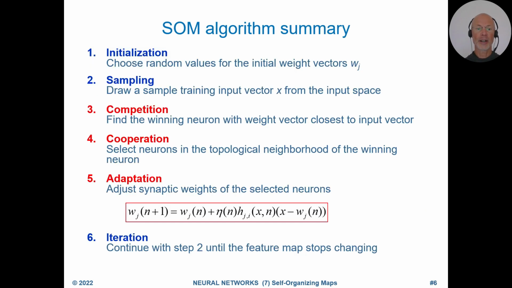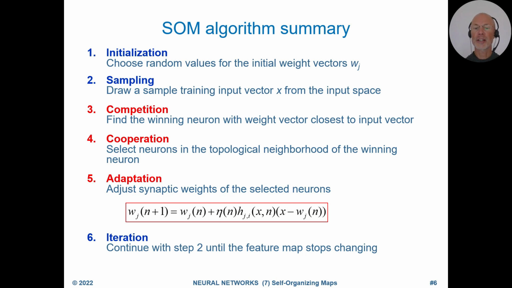Let's take a look at the SOM algorithm briefly. It starts with initialization, which is randomly picking values for the weight vectors. Then we have sampling of inputs from the input space, and then several steps of competition, cooperation, and adaptation. Competition picks the winning neuron.